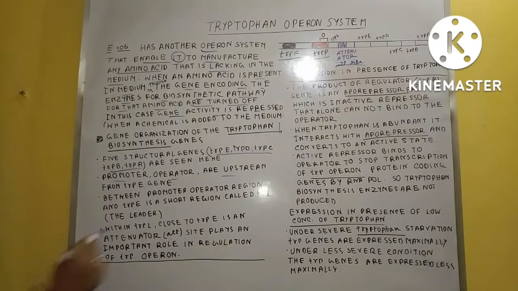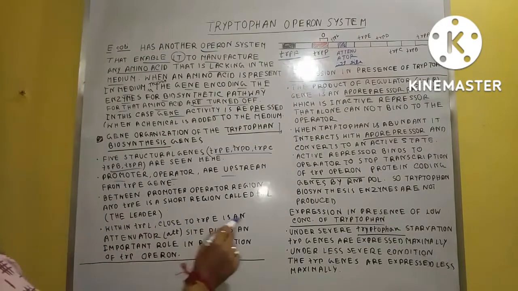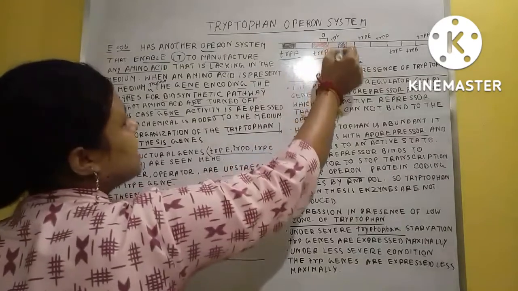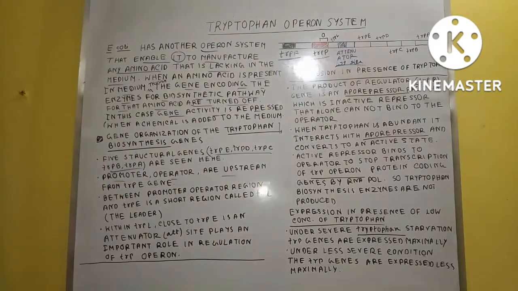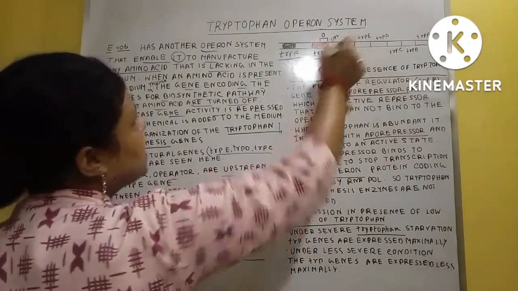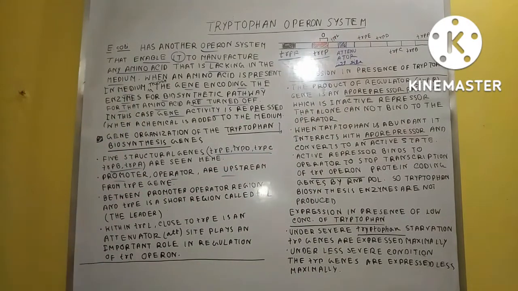And within the TRYP-L, close to TRYP-E, is an attenuator site, which plays an important role in the regulation of the tryptophan system. And this is the at site. I have already said that the attenuator, or the at site, has another role in the regulation of the tryptophan system.